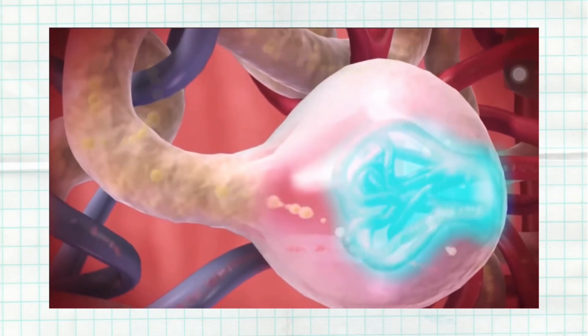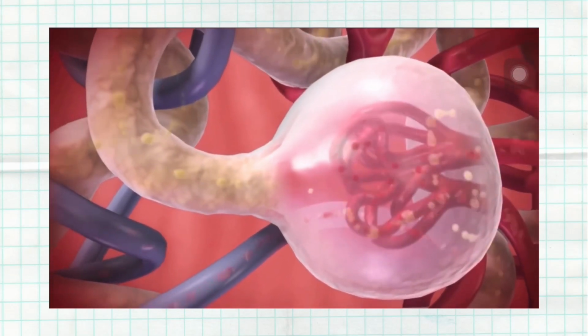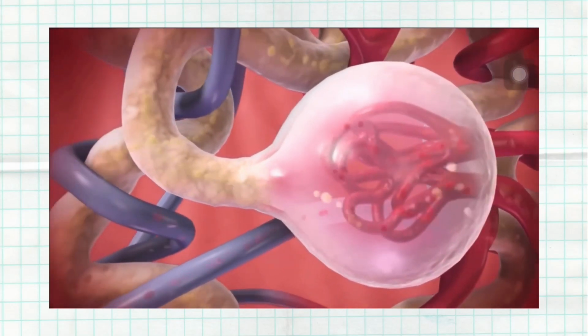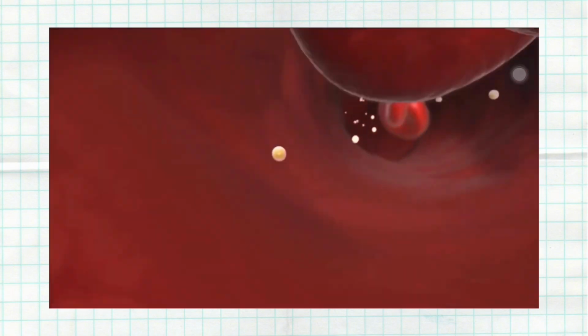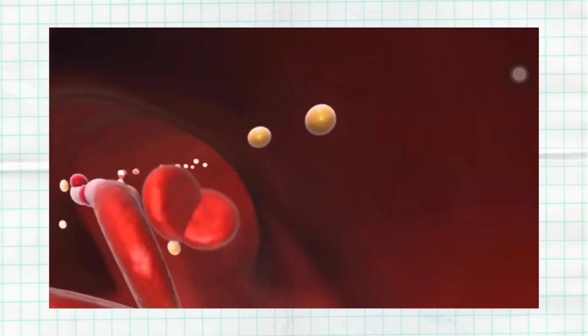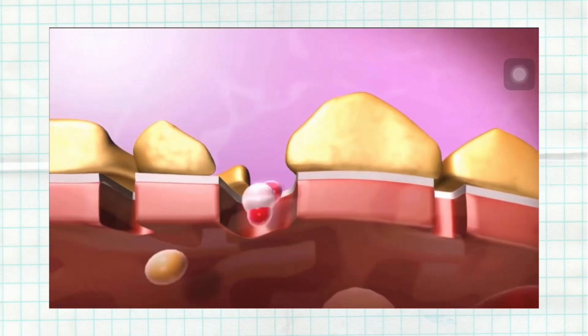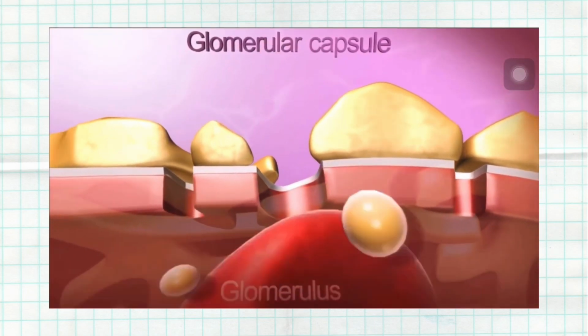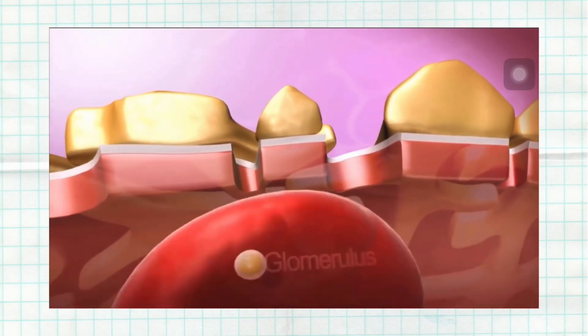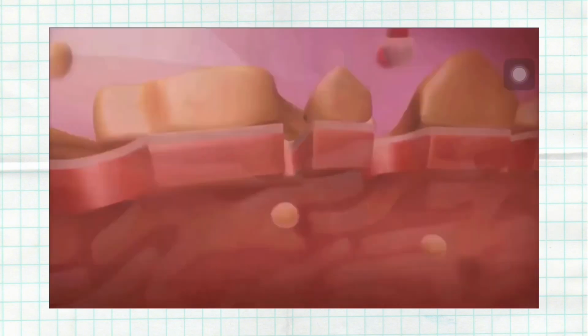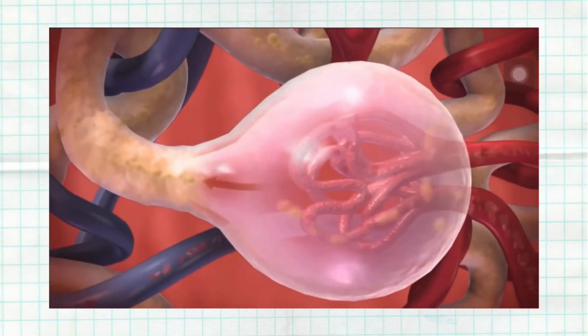It has a network of capillaries surrounded by a cup-like structure known as the glomerular capsule. As blood flows through the glomerulus, blood pressure pushes water and solutes from the capillaries into the capsule through a filtration membrane. The filtration membrane blocks blood cells and large proteins, allowing these components to remain in the bloodstream. This begins the urine formation process.